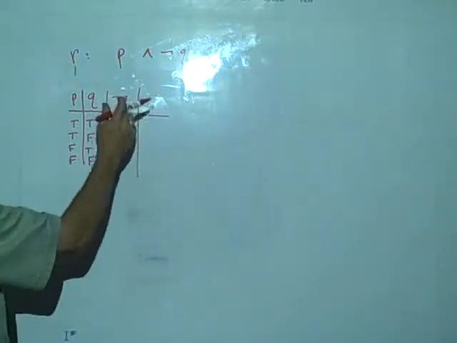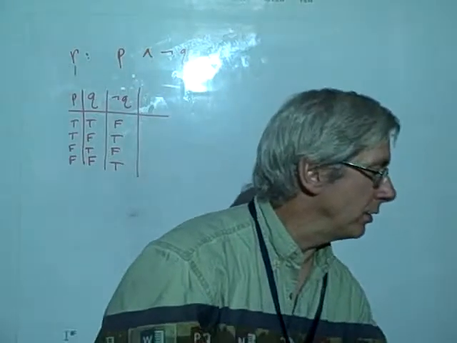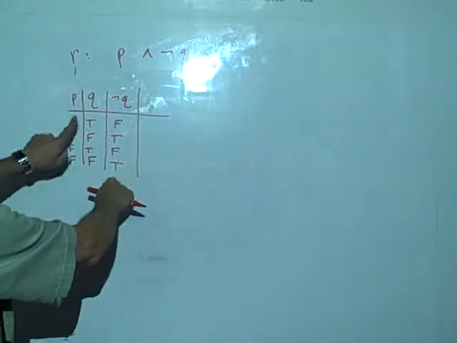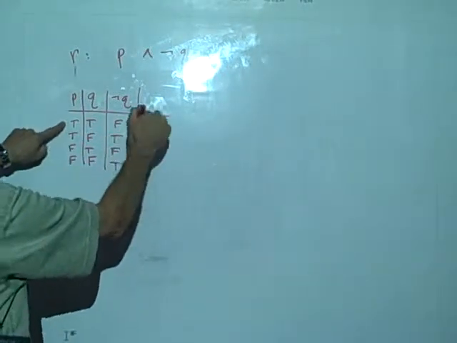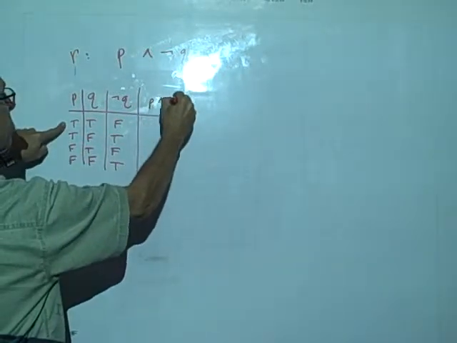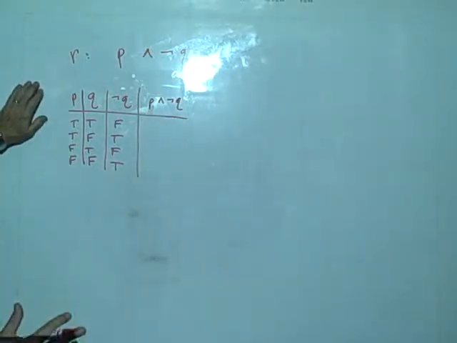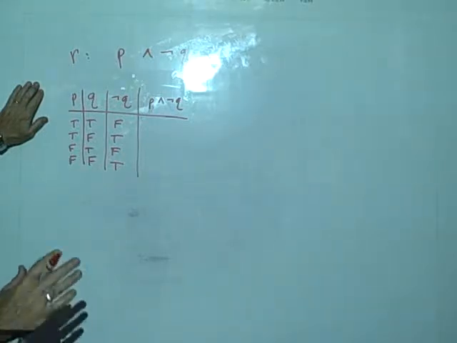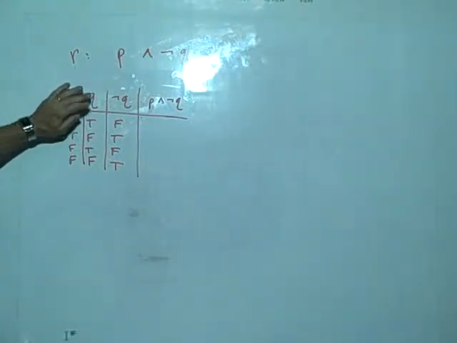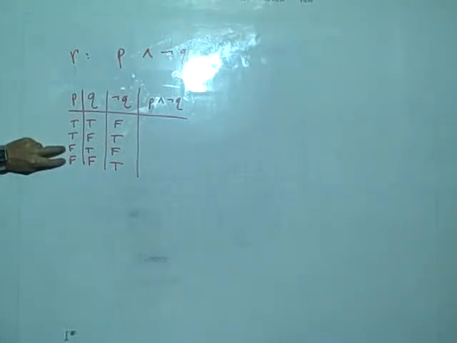Now I want to conjunct P and not Q. So I'm looking at these two columns and I'm ignoring this one. Now here's what we want to do. We want to make sure we remember what the conjunction does. The conjunction's easy to make false. If either one's false, the conjunction is false. So look up here. P is up here. Oh, there's two falses here.